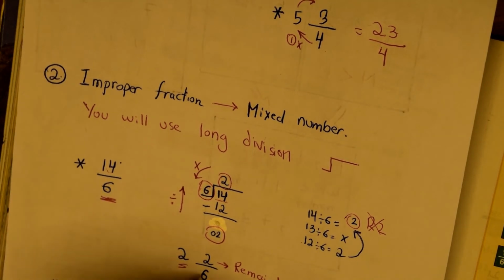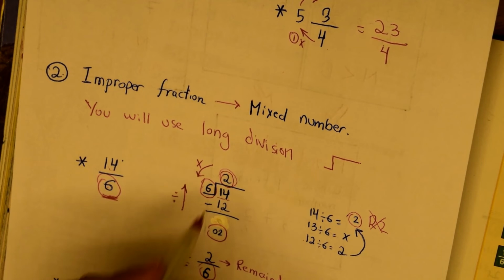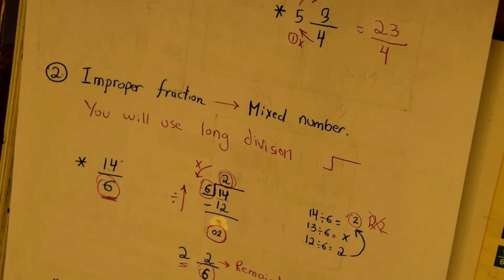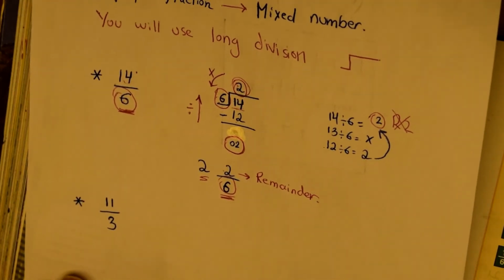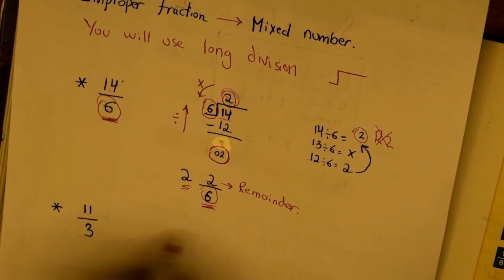So I will have the same denominator again, and I will put the quotient for the whole, and the remainder for the numerator. Now we will try to solve this. 11 divided by 3. Now I will use long division to make it.